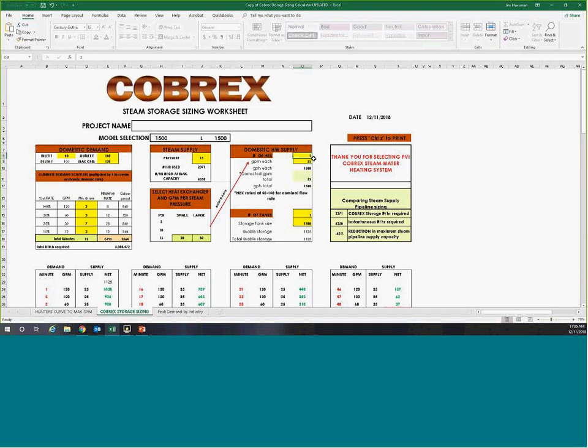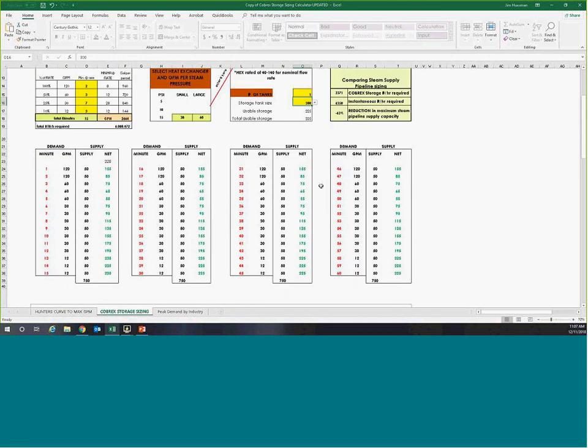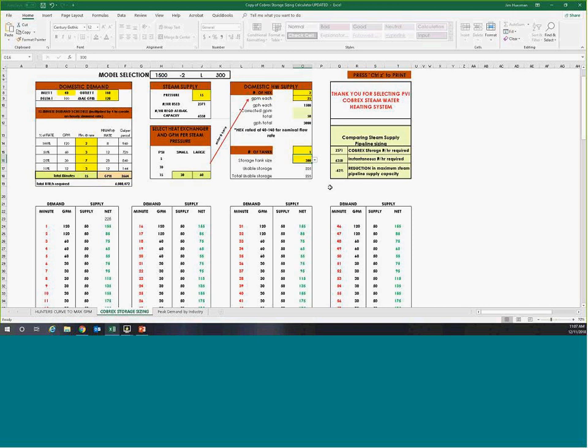Let's say I want 2 heat exchangers at 25 gallons a minute because now I want redundancy on that rack system. As soon as I put that in, we're able to drastically reduce our storage. So now we're recreating 2 heat exchangers at 25 gallons a minute for 50 GPM total with 300 gallons of storage. We're able to downsize our steam side requirements in this scenario by 63%.